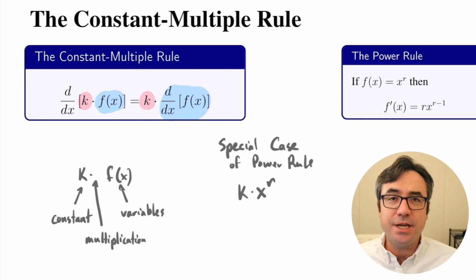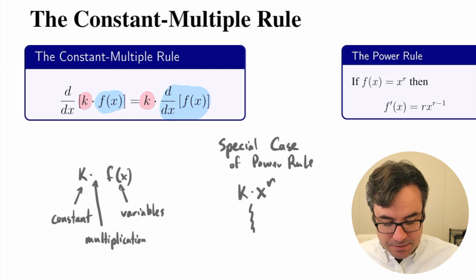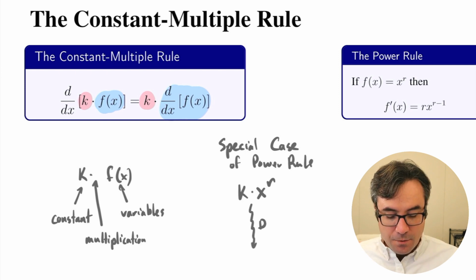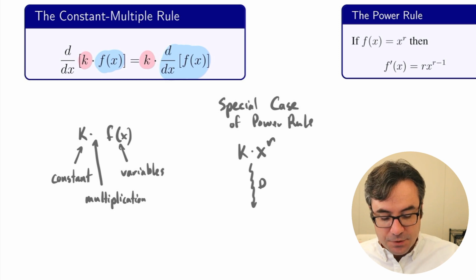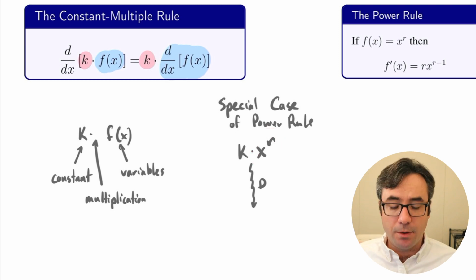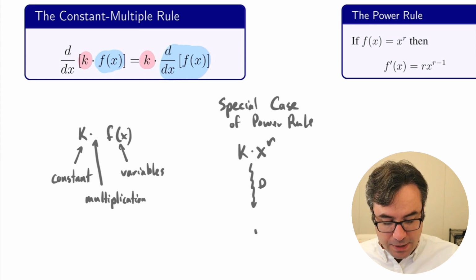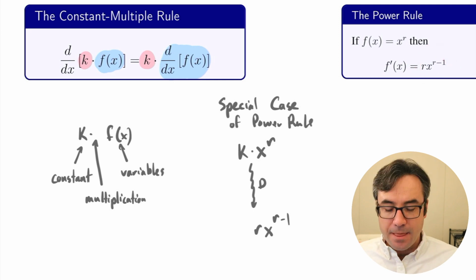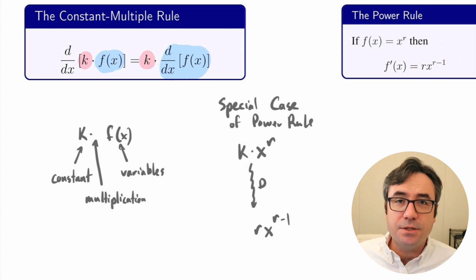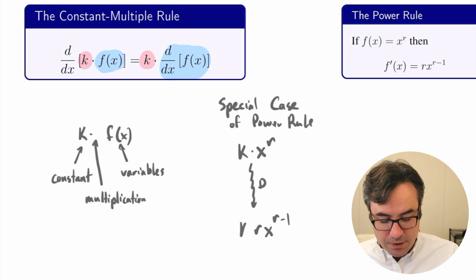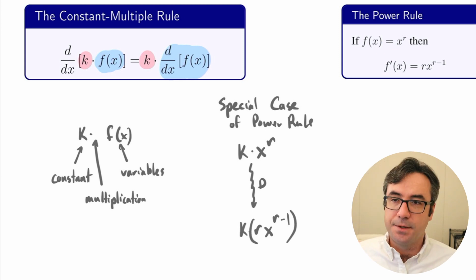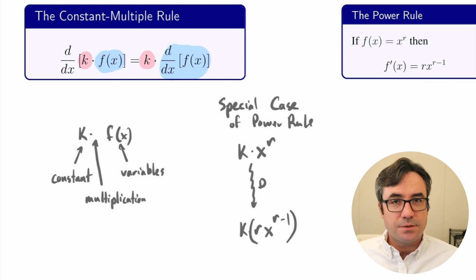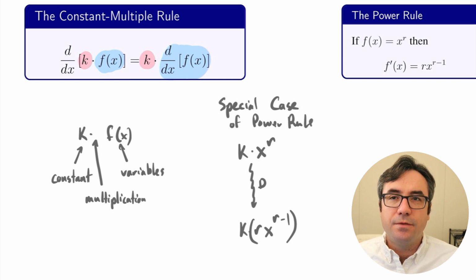How we're going to differentiate this is, we're going to just differentiate that power function just like we normally would. So what do we get? Bring down the r, keep x the same, subtract 1. So we get precisely that. And then this constant k that's in front, well, it's just going to stay there in front. So we're also going to have a k right in front there. And that's what this constant multiple rule is going to help us do. It's just going to allow us to differentiate a bit more functions. So let's try an example.